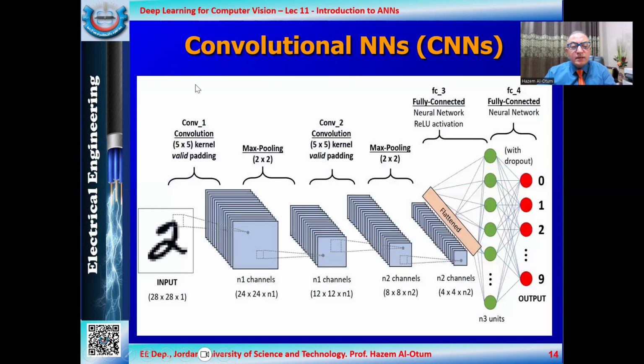A good example here is LeNet, one of the first convolutional networks, produced maybe 20, 30 years ago. Here we have a handwritten digit 2. This is an input image of size 28 by 28 by 1, a grayscale handwritten image. You apply this input image to the ConvNet, or CNN, where we have mainly convolution operations, many convolution layers.